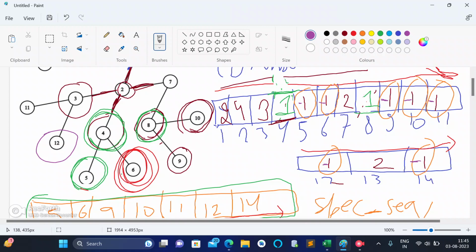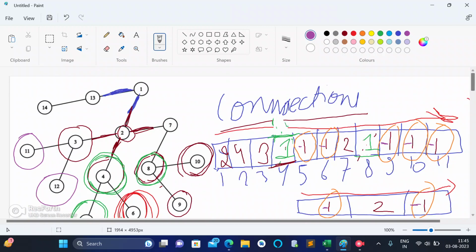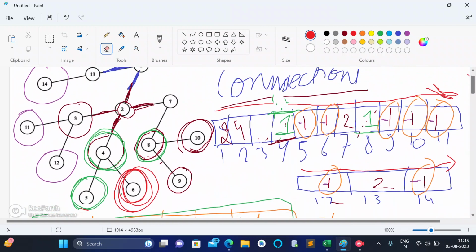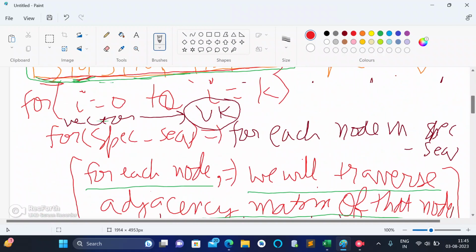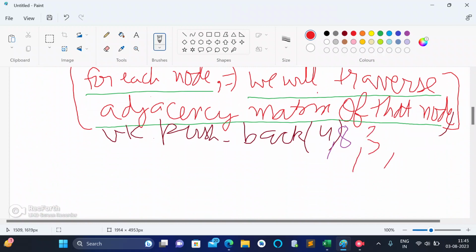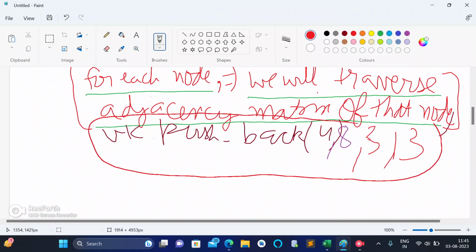Similarly, if we go to 12, then 11, and then 14, we can see that 13 and 3 also become leaf nodes. So the number of connections becomes 1, and I will also put 3 and 13 in this.